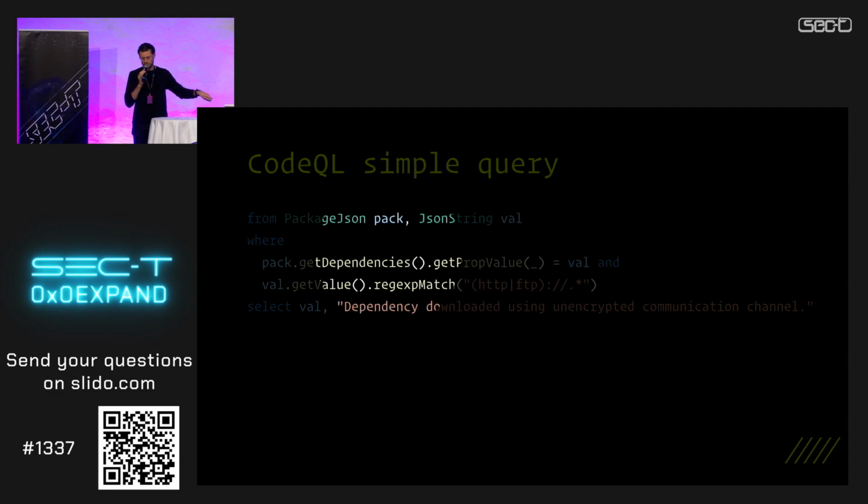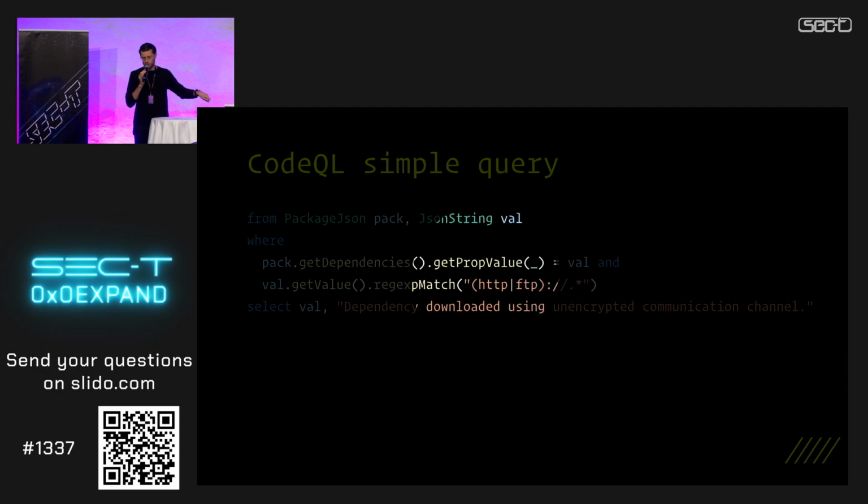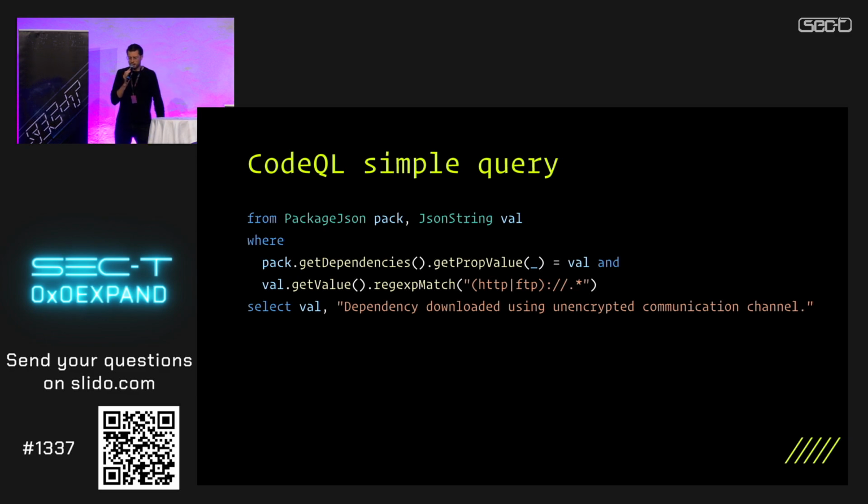You get all dependencies from the pack, get the value of each property, store it in the variable val, and then try to match it with this regexp. This regexp matches values that contain the HTTP or FTP protocol. It gives you dependencies that can be downloaded using an unencrypted communication channel.